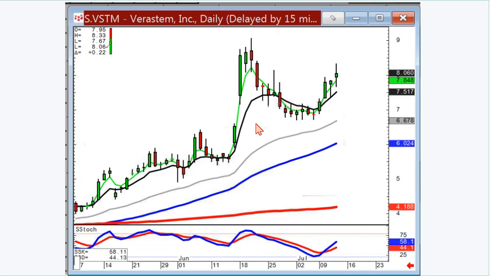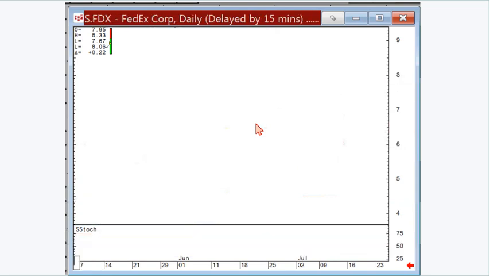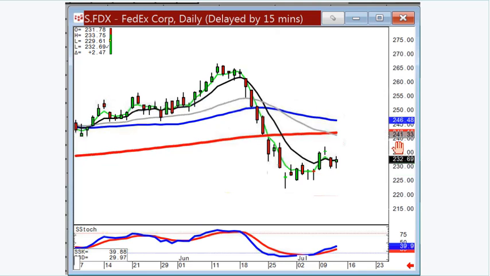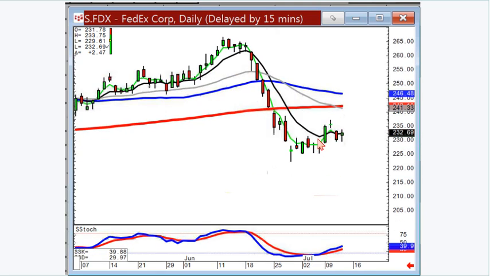We also went after FedEx over the last few days because look at the cradle pattern that's set up in FedEx. But what's the simple rules of candlesticks?